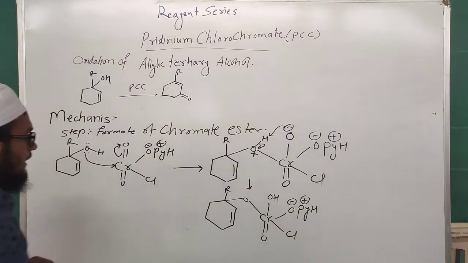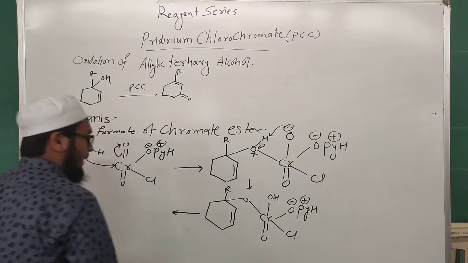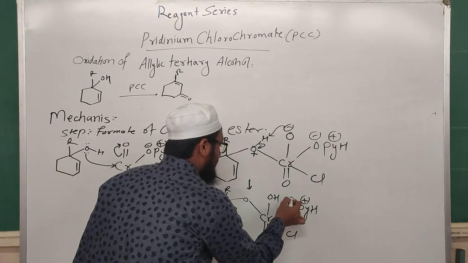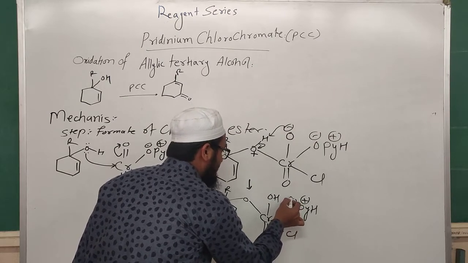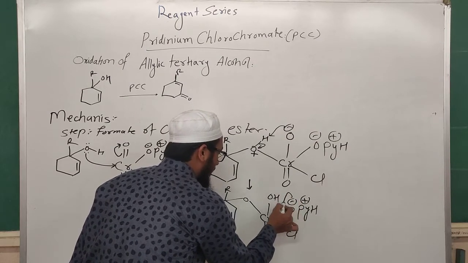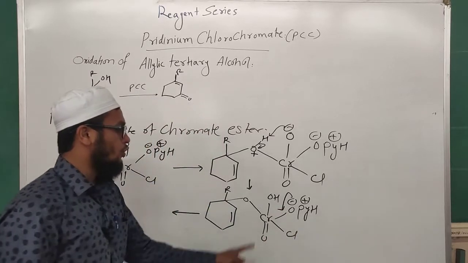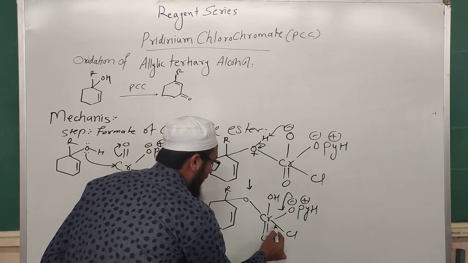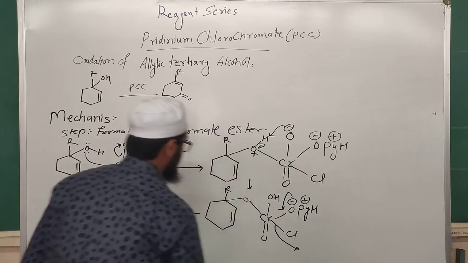Now look at here, what will be the next step, my dear brother and sister? The next step will be this oxygen negative turning its electron towards chromium, making a chromium oxygen double bond, and this chloride ion will be removed.